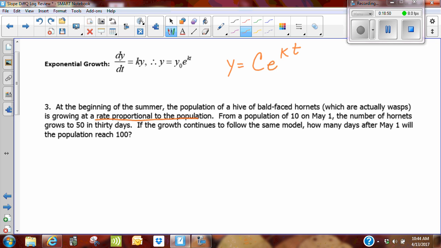Now, you could sit here and solve by separation of variables, but it's so much easier if you know the formula, make the jump. So the jump would be y equals your initial e to the kt, from a population of 10 on May 1st. So 10 is my initial condition, e to the kt.